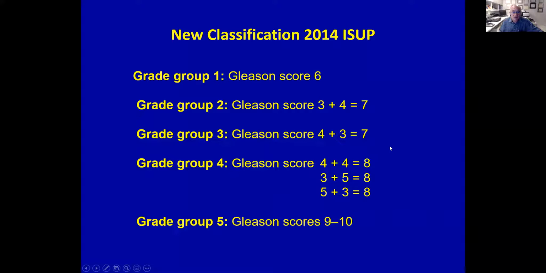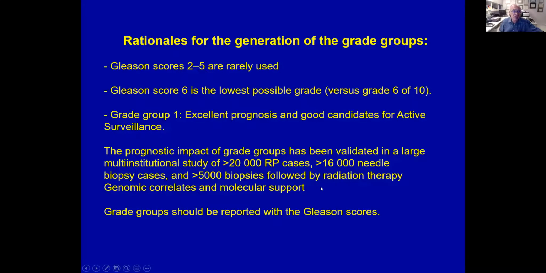But nowadays, we just have these Gleasons 3, 4, and 5 combined in just 5 groups according to the new 2014 ISUP classification, in which you have here the equivalent of grade group 1 with the different Gleason scores. And the recommendation nowadays is to produce in our reports both classifications, at least for a while.